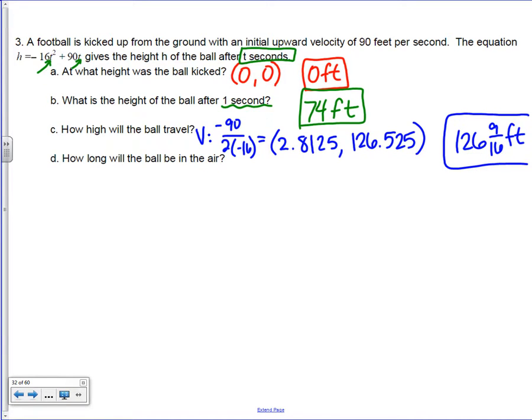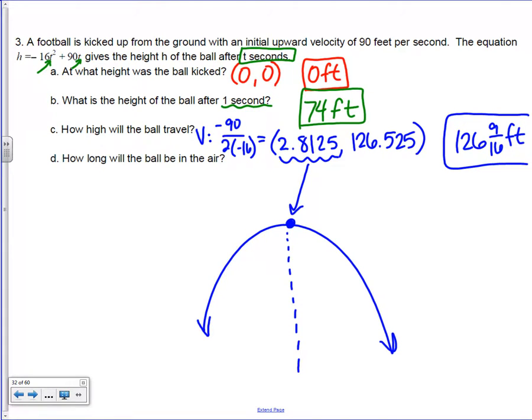And then it says, how long will the ball be in the air? Well, the football is traveling like this, folks. It's reaching its maximum. We already found that in part C. And remember, the vertex is right in the middle of a parabola. So from part C, they're telling me it takes that long to get to the maximum.